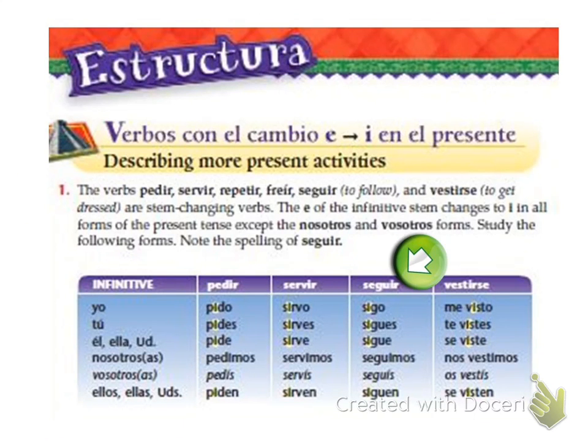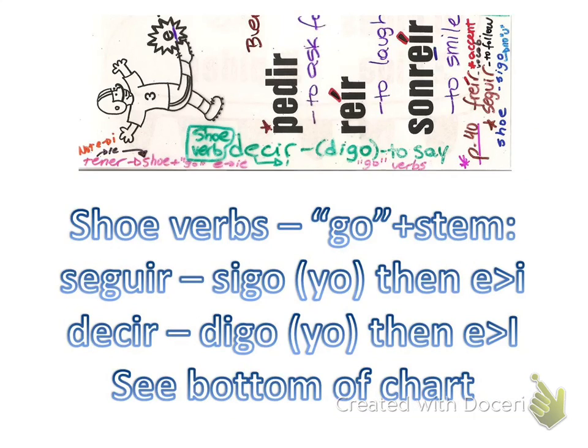If you look at the verb seguir, it has an irregular yo form. It does not have a U in the yo form, and the book doesn't give it to you in the boot shape, it just gives it to you in a column here. But just know that the verbs seguir and decir do technically also get an E to I change on those verbs.